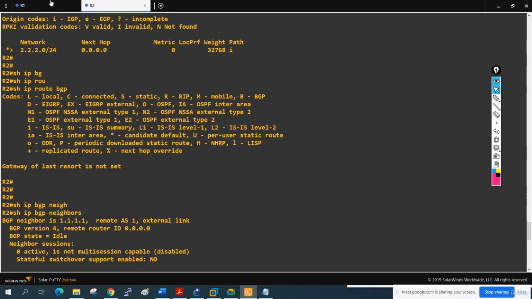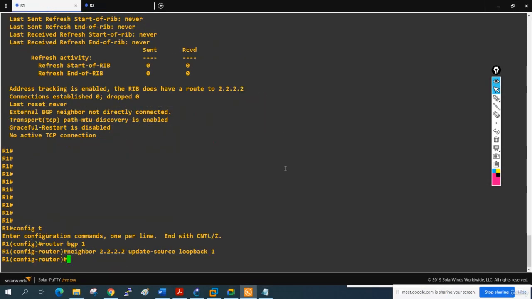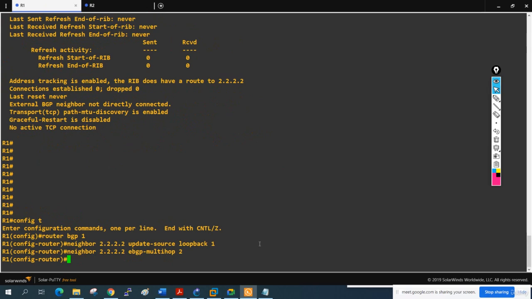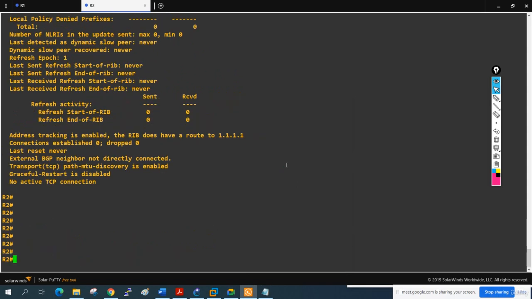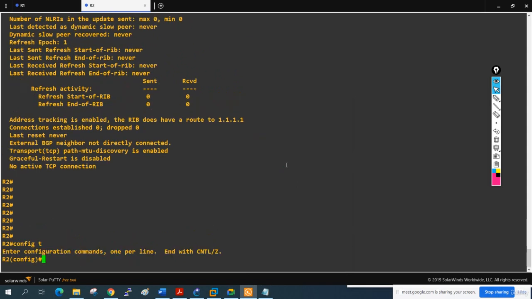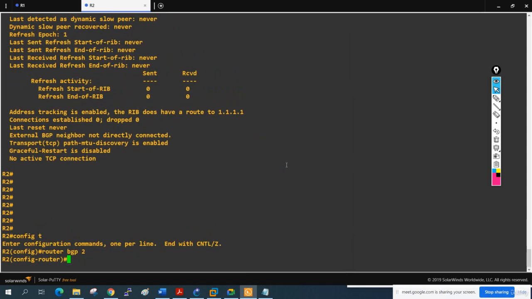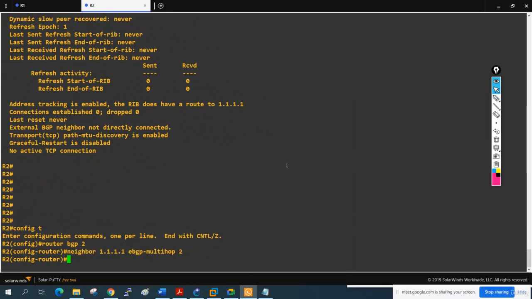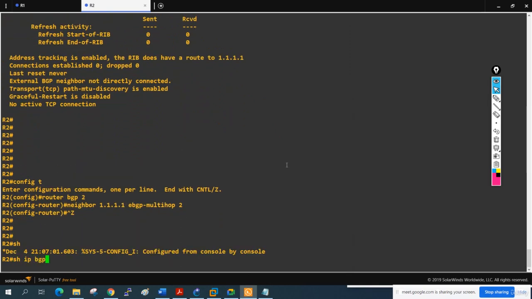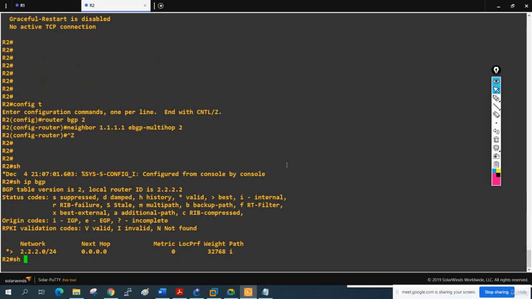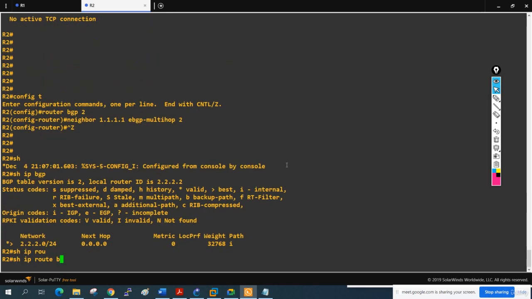I will go here in R1, paste first this one, and then copy the second one and paste in R2. Let me go into router BGP2 and paste this one. After that we will see the routes, show IP route BGP.